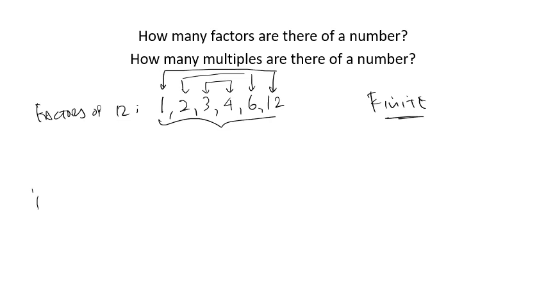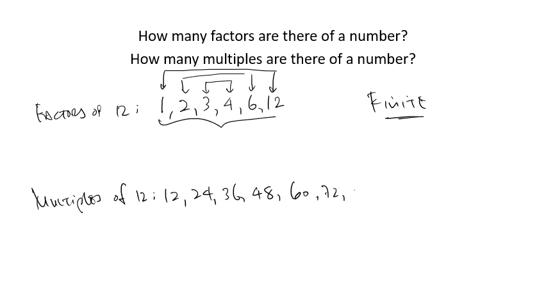If we look at the multiples of 12, so we're going to take 12 times 1, 12 times 2, 12 times 3, 12 times 4, 12 times 5, 12 times 6, and we can keep going.